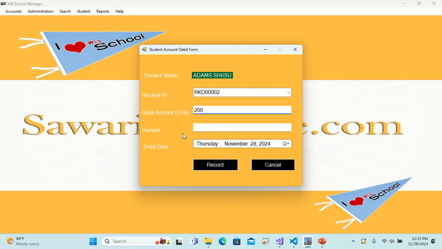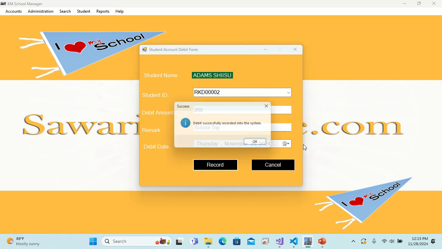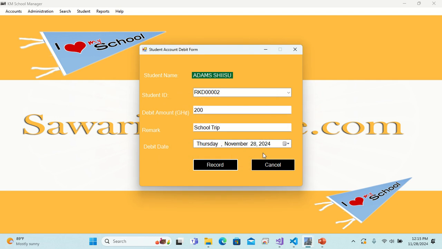Let's say we are debiting this student with two. Then we say school trip. It could be wrongful payment and all of that. So let's say they were going on some trips and everyone was charged this amount.